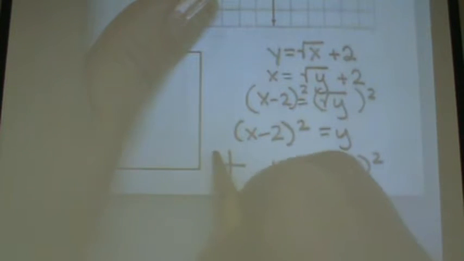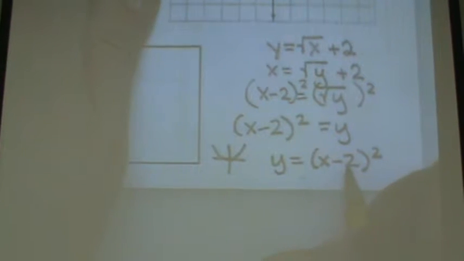Square it. Don't foil, let's keep it like this, x minus 2 squared. The parabola. It's a parabola, and it's shifted, we talked about transformations, it's shifted 2 units right, remember when it's in parentheses?